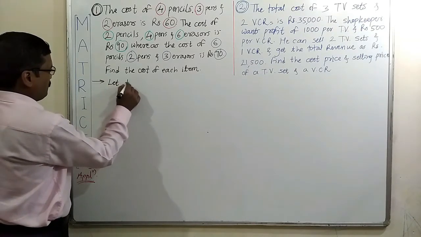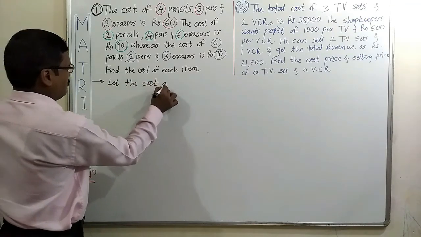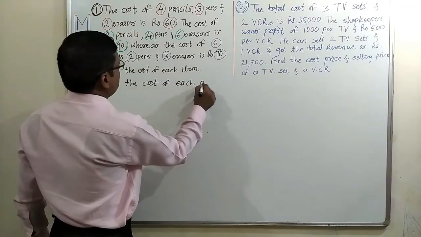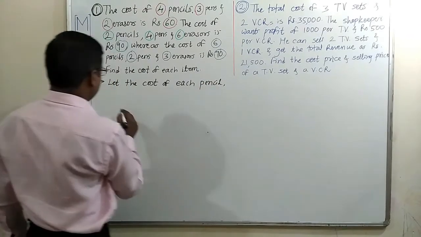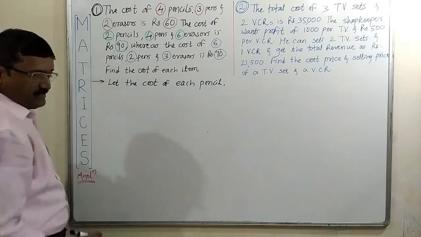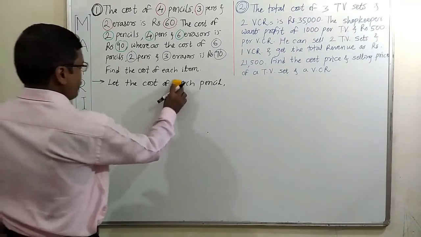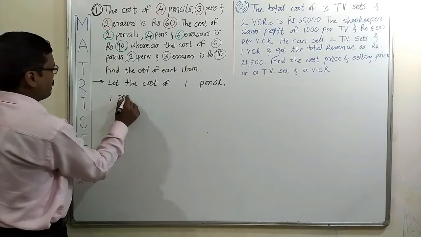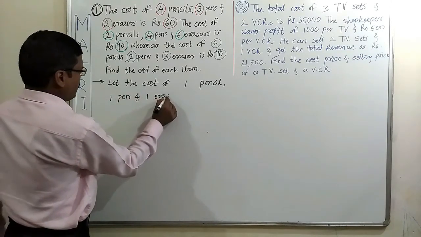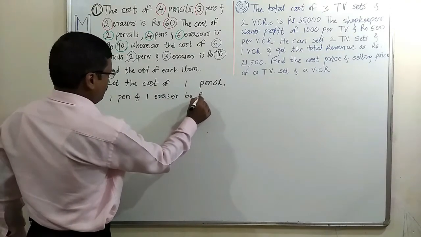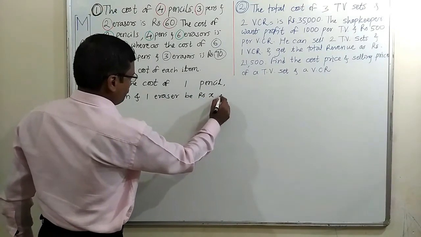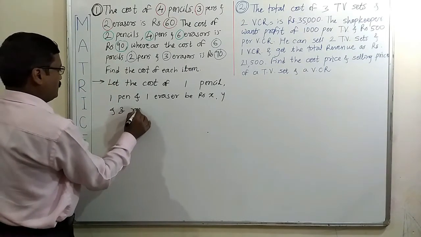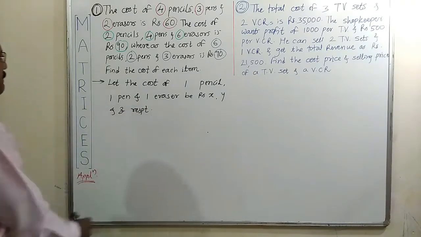Let the cost of each pencil, each pen and each eraser, means cost of one pencil, one pen and one eraser, be rupees X, Y and Z respectively.